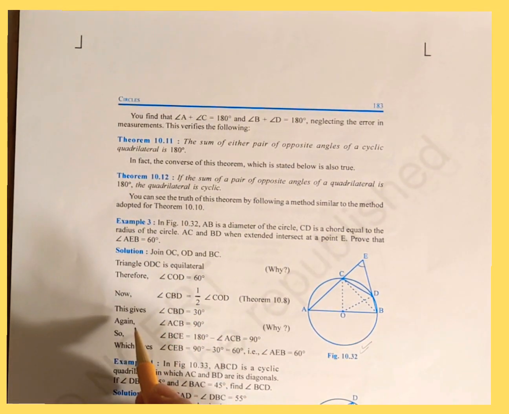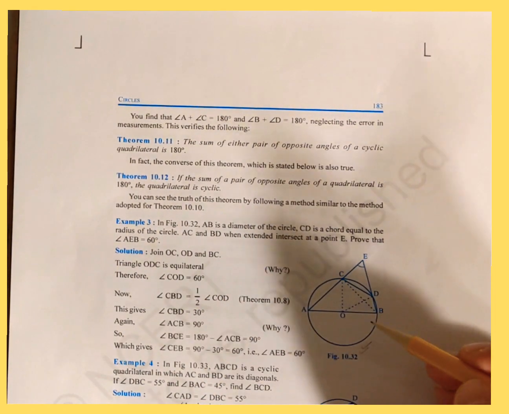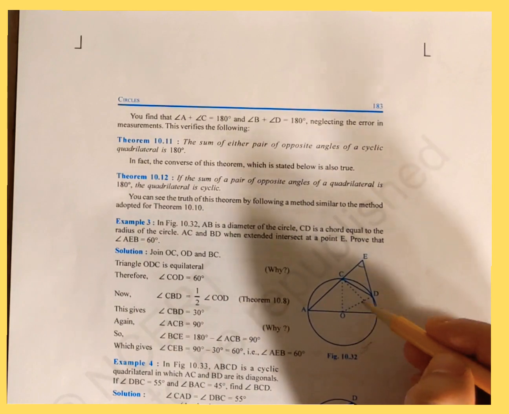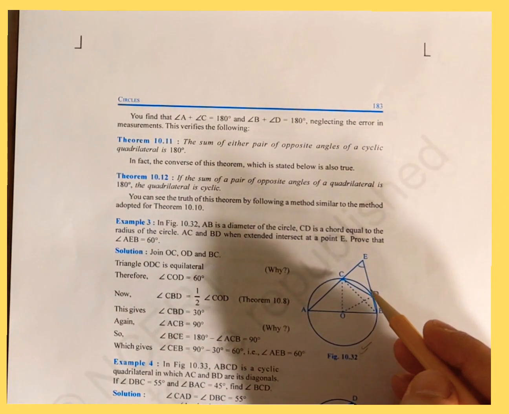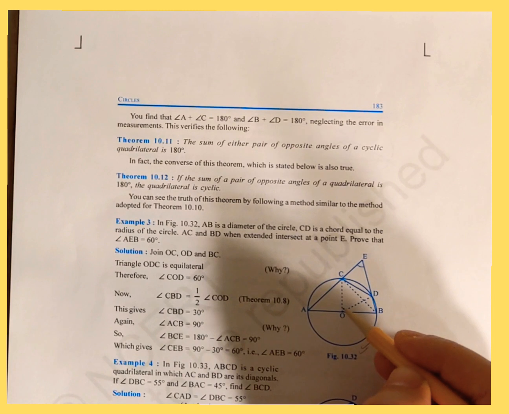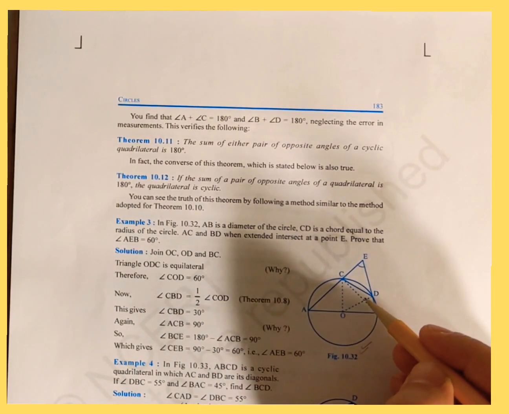So how do they prove that? They made some constructions first. They have joined OC, OD and BC. Now CD is equal to the radius of the circle, and OC and OD are also radii.